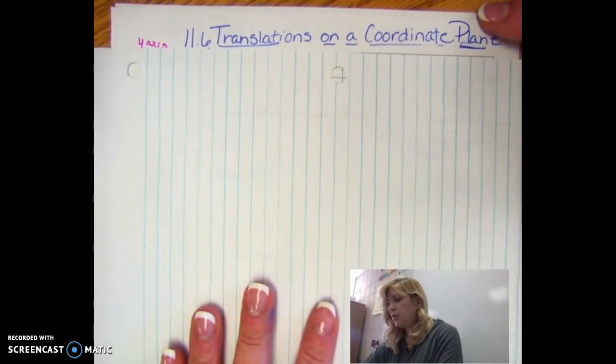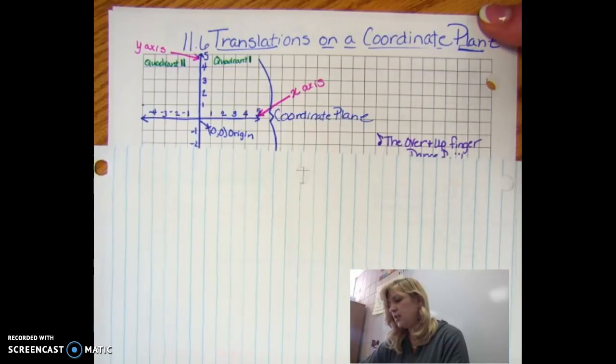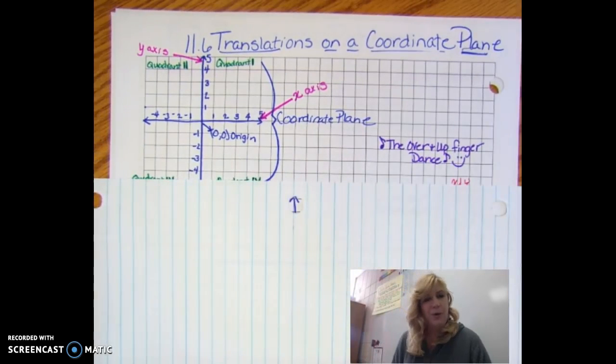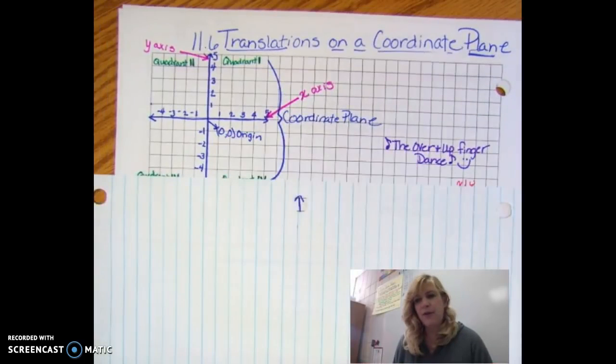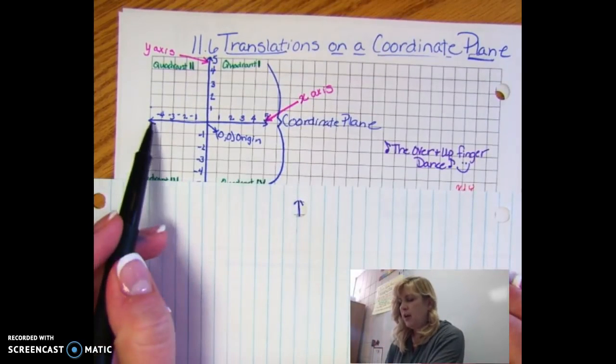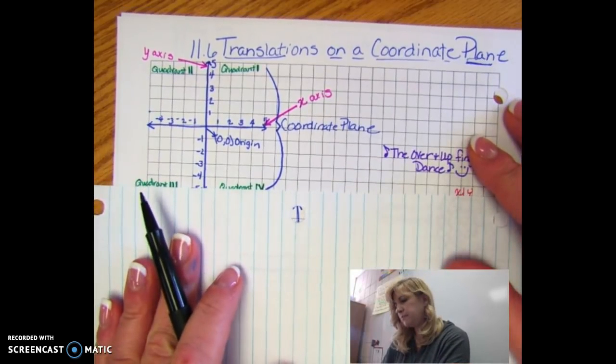We're going to talk about translations on a coordinate plane, and don't worry, the finger dance is coming. First of all, I'm going to point out some things. You can pause it and just make the actual T with the little arrows, which indicate it goes on and on for infinity.